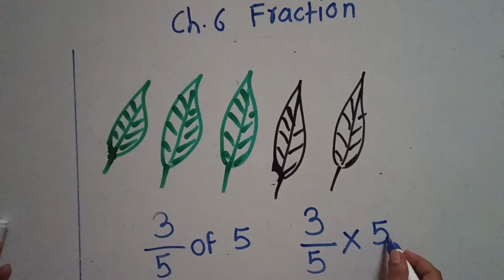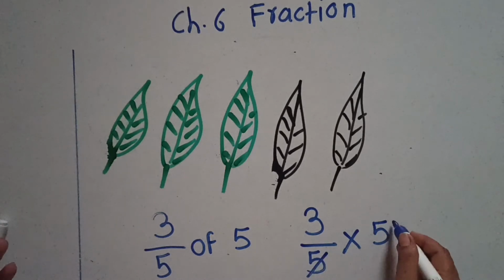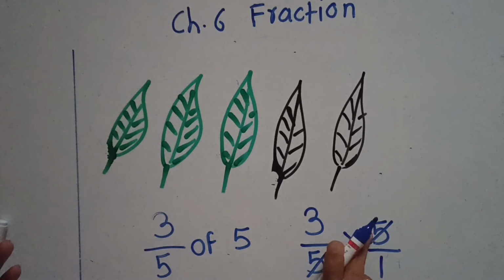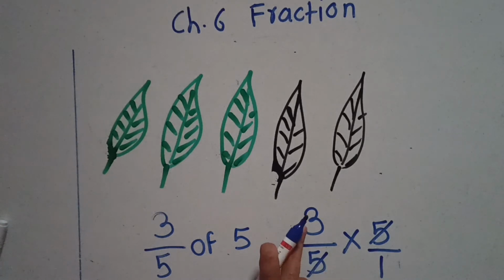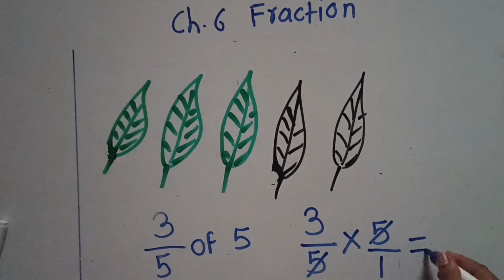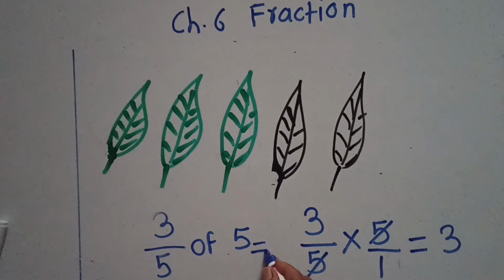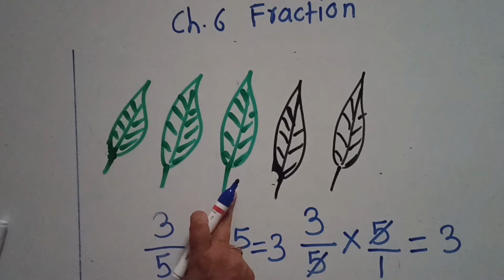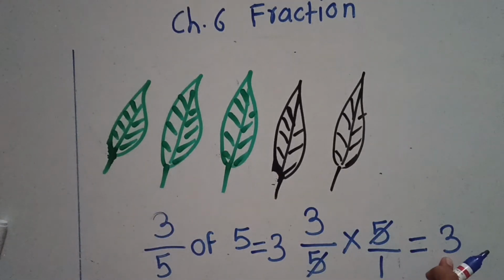So here we have to cut this 5 and this 5, because this 5 is in the numerator and this 5 is in the denominator. So we can cut this and 3 is left. So 3/5 of 5 is equal to 3. Now tell me how many green leaves are here? 3, out of 5. Now dry leaves.